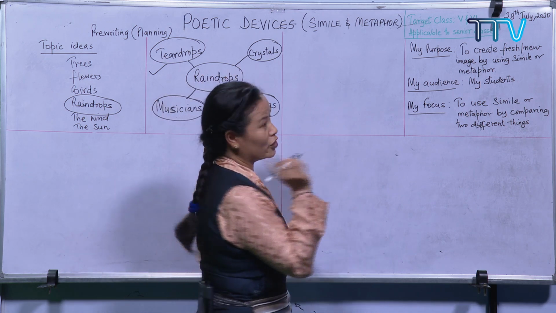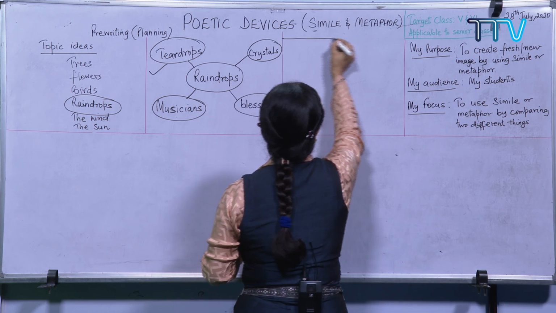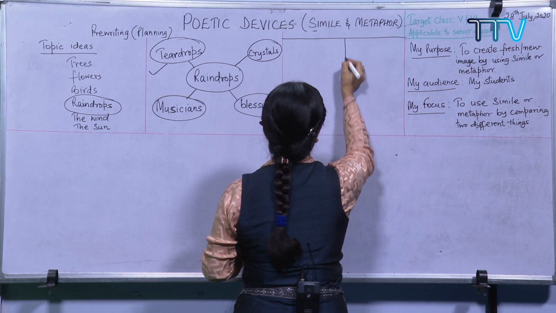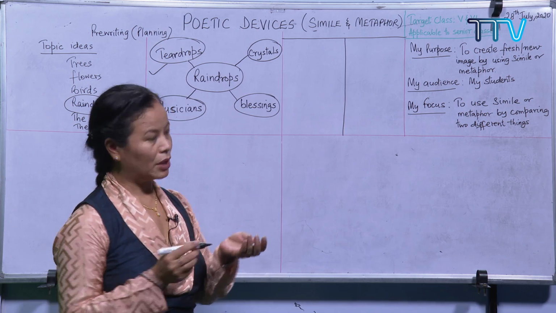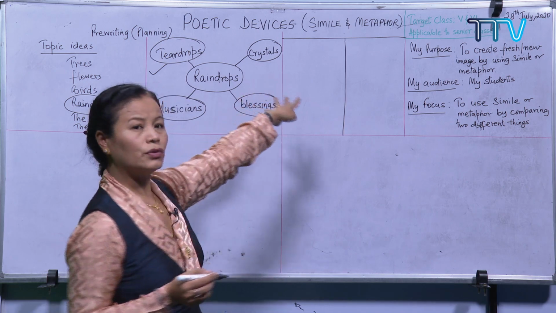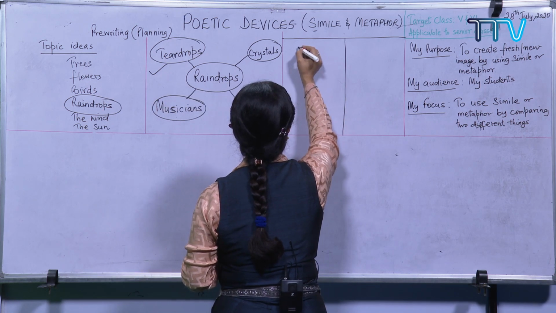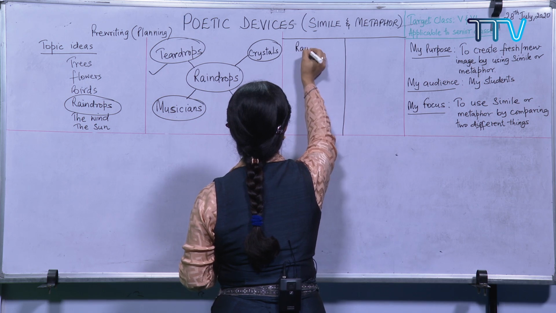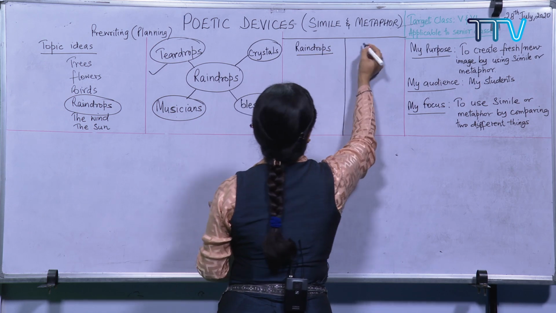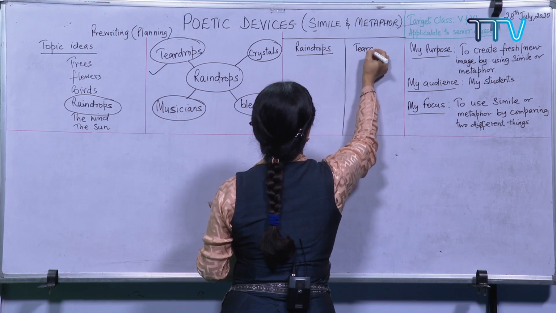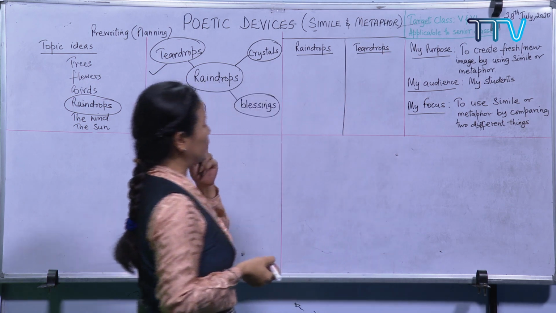Now what I'm going to do is make a T-chart, where I am going to compare raindrops to teardrops. Here I'm going to write raindrops. Here I'm going to write teardrops.